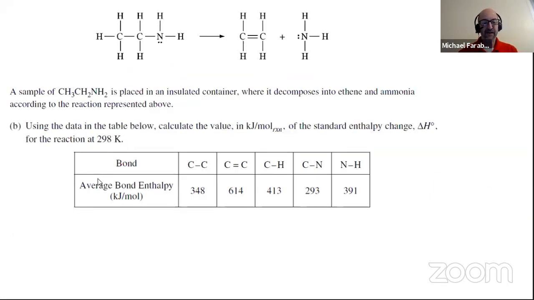Part B, which is definitely part of the information you should know, this is from unit 6, has to do with bond enthalpies. Now, do not confuse bond enthalpy with the delta H of formation. Okay, so be careful you don't make that mistake. This is not enthalpy of formation. This is about bonds.